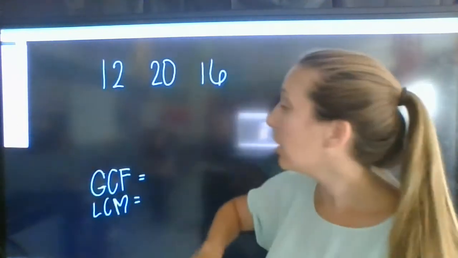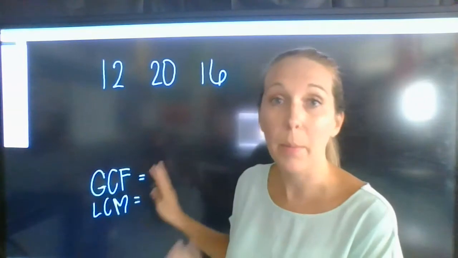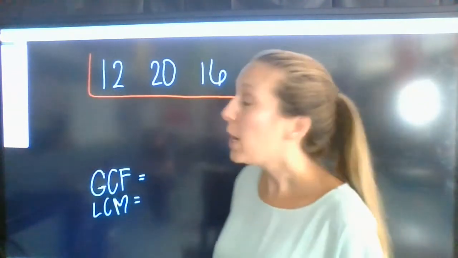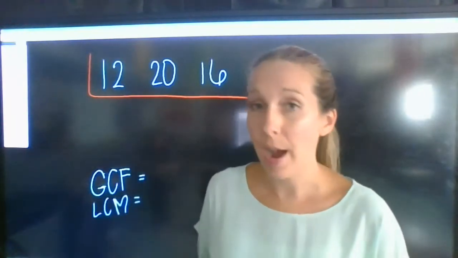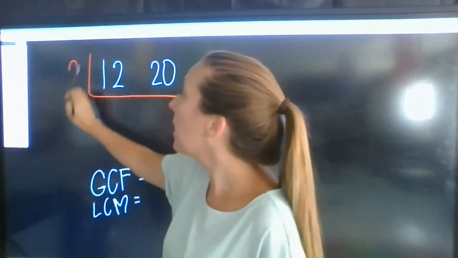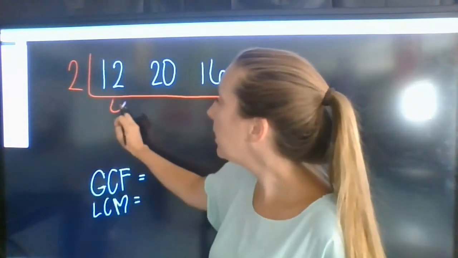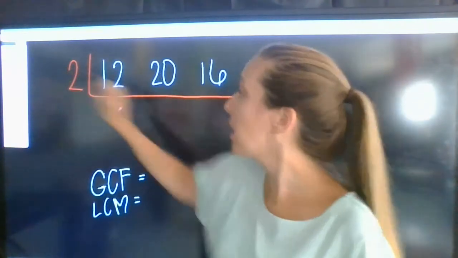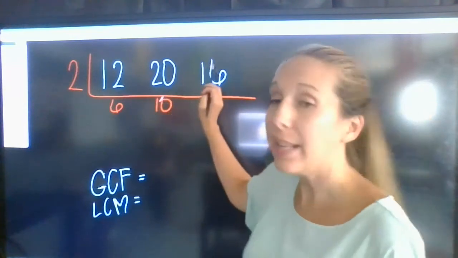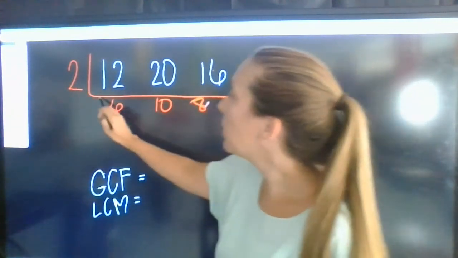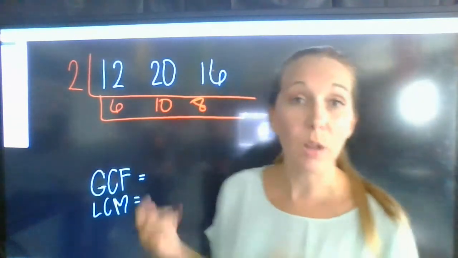Now we're going to look at a 3-number problem. So we're going to do our ladder. If you notice, they're all even, so we're going to divide by 2. 12 divided by 2 is 6. 20 divided by 2 is 10, and 16 divided by 2 is 8. So then we're going to do a ladder again because they're all still even.